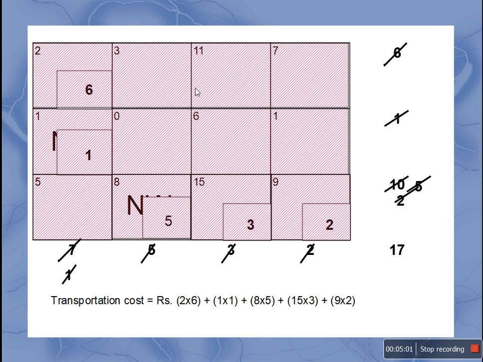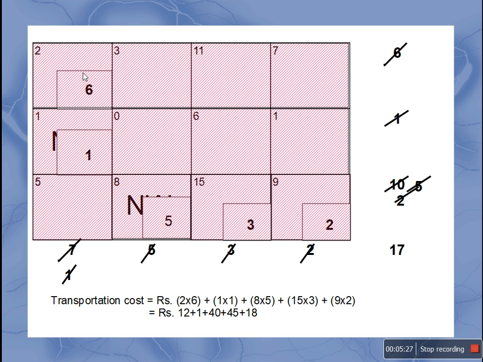For this first row we have only one allocation with 6 units, so this 6 is equal to the total supply of the row. For the second row we have only one allocation with 1 unit, so this 1 unit must be equal to the supply of that row. And for the third row we have 3 allocations, 5 plus 3 plus 2, which sums up to 10, which is equal to the total supply of that row.